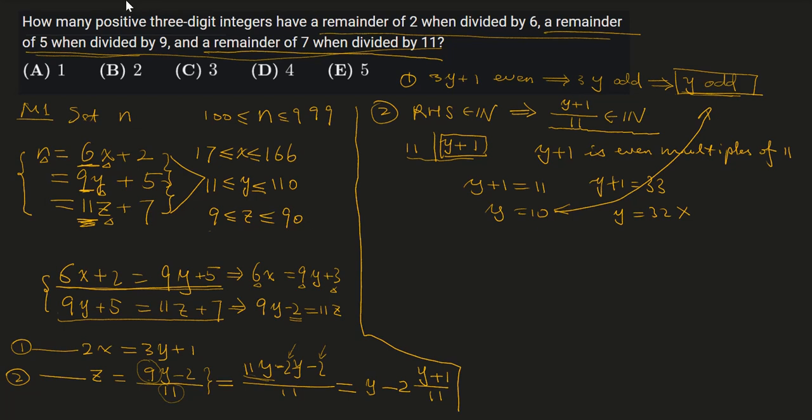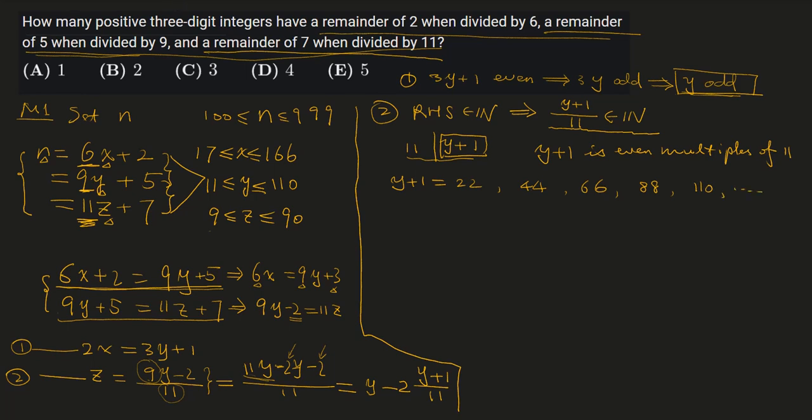All right, let's clean up some space. Since y plus 1 has to be even multiple of 11, so the choices are like this. Y plus 1 equals 22, or 44, 4 times 11, or 66, 6 times 11, or 88, 8 times 11, or 110, 10 times 11, and so on and so forth.